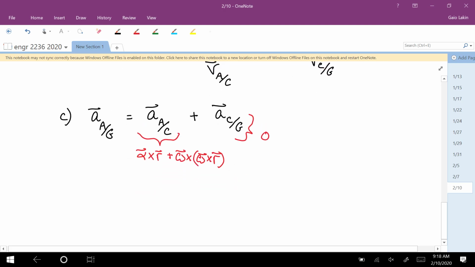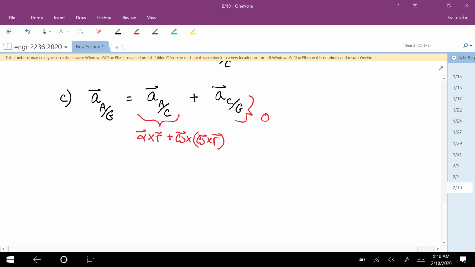This comes from the rolling without slipping equations. It says this is equal to negative alpha R 0, 0. Alpha is 0, so that goes away. All right, so acceleration of A relative to the ground is equal to 0, 0, 0 crossed with, what's the R vector?